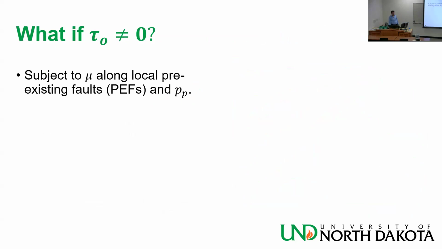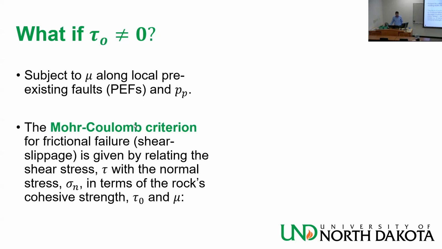Subject to mu along local pre-existing faults. PEF is a very common abbreviation. It's called an acronym if it makes a different word on its own, but this is a very common abbreviation for pre-existing faults, natural fractures basically.